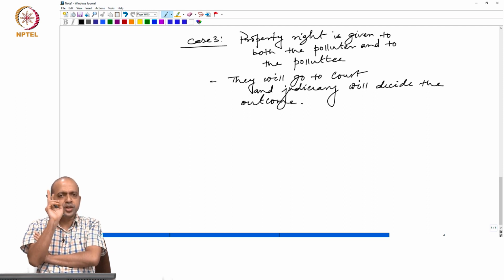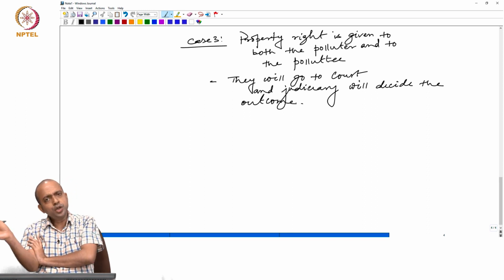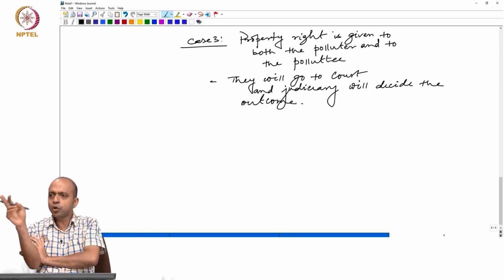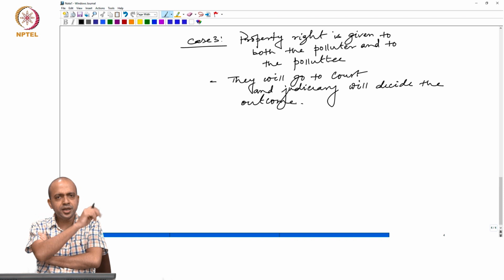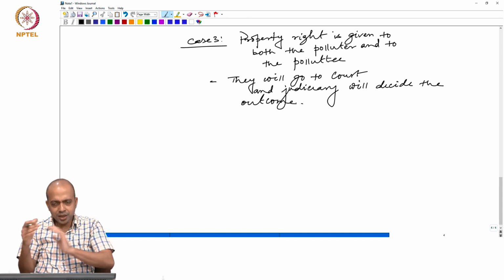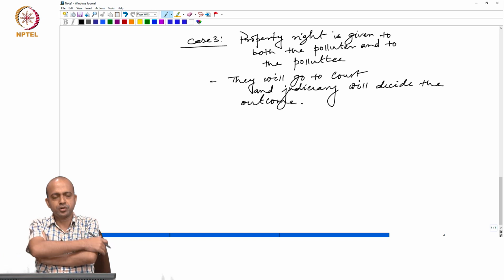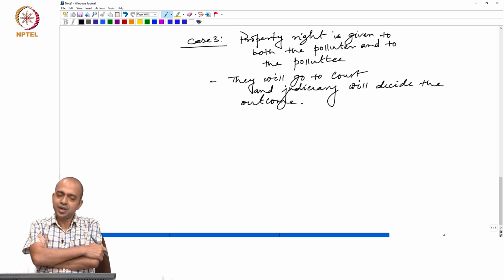Coase assumed there is only one polluter and only one pollutee. So, the polluter can easily identify the pollutee, the pollutee can also easily identify the polluter, and they can go to each other and meet, and there is no transaction cost. But in reality there are n number of polluters and n number of pollutees.